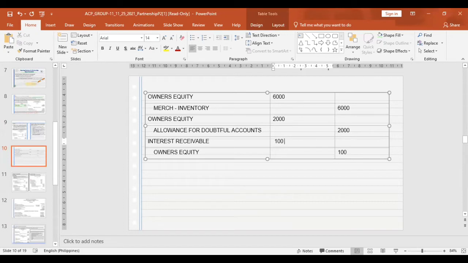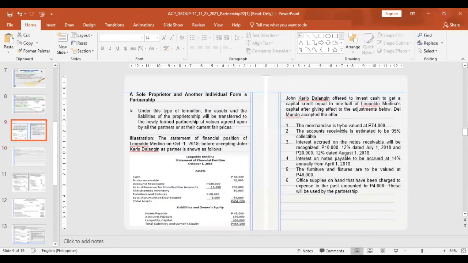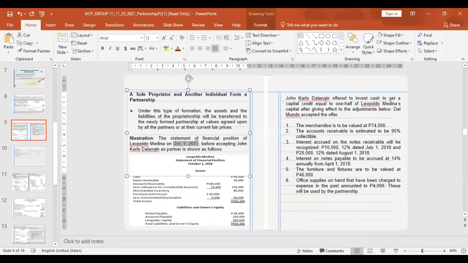Pero hindi lang yan, di ba? Kasi meron pang isang sabi dyan, 20,000, 12% dated August 1, 2018. So, from August hanggang sa matapos yung period. So, yung period nyo, nag-end ng October. Ayan. October 1, 2018. So, August, September, October. So, 20,000 times 12%.